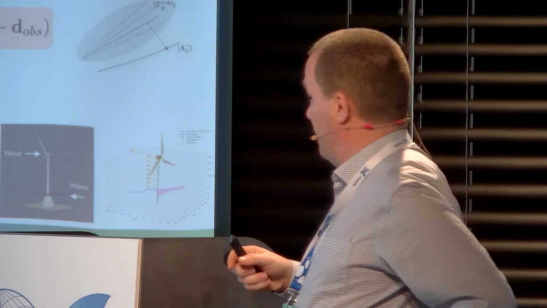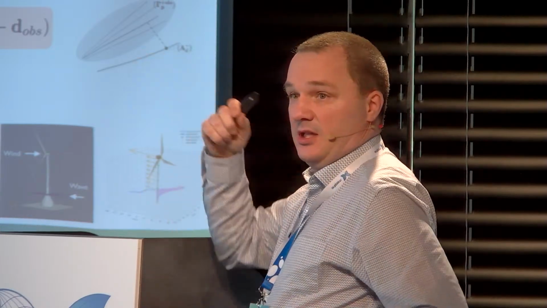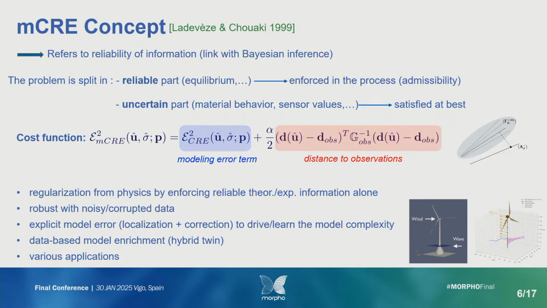And all that you don't really know, boundary conditions, the material behavior, the measurement values, because there is noise, you are going to release them and try to satisfy them at best during the procedure. So that gives rise to this formulation, what we call the MCRE in practice, modified constitutive relation error.